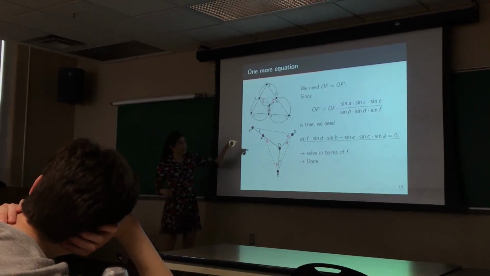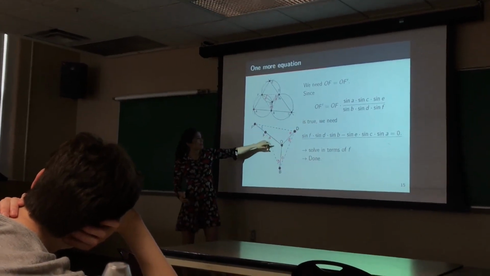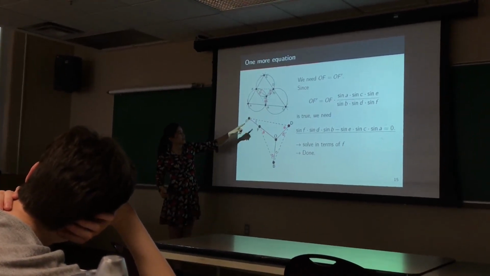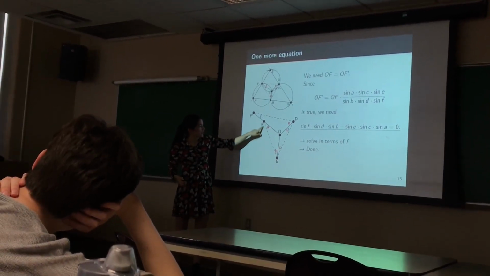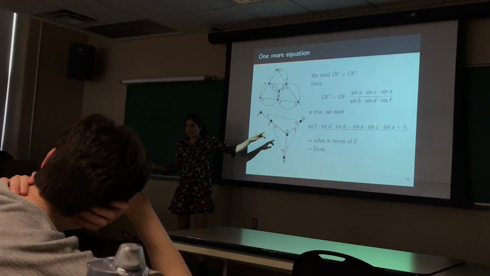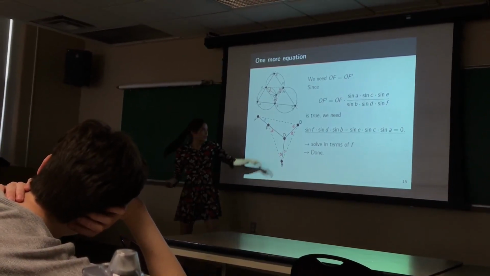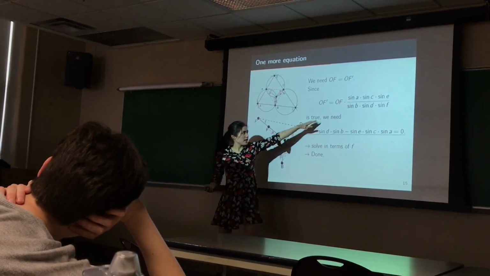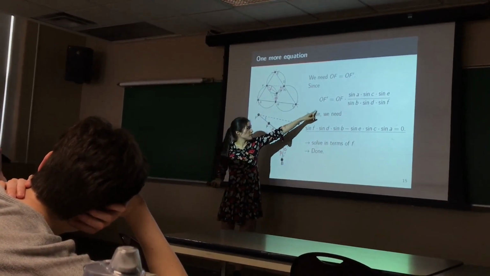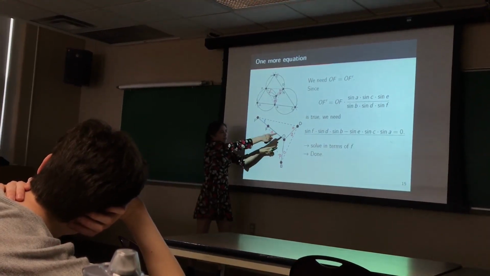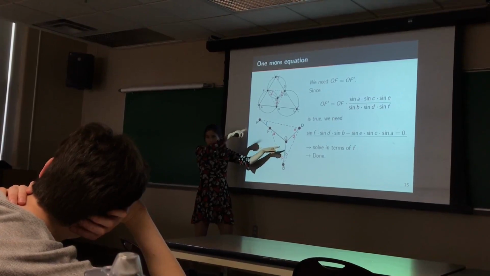And with that consideration, this relationship is true between OF and OF prime. You might notice I used prime because when we start from here and go around, we want to come back to the original length, but we don't necessarily, because this relationship is true, and if this value is not 1, the length of OF we get at the last step is not going to equal the original length OF.